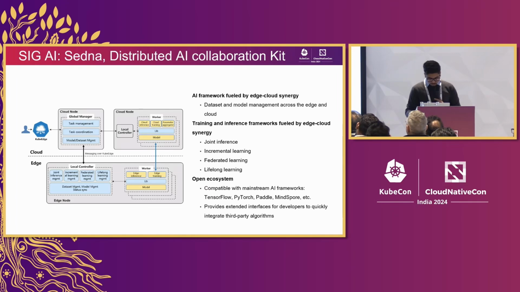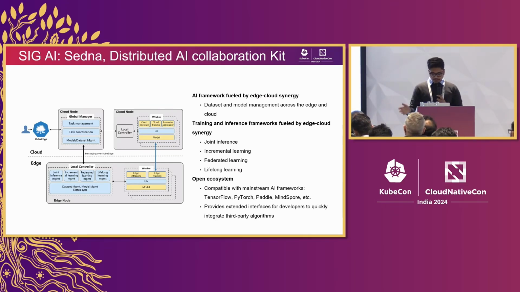And so because of this edge and cloud collaboration, we have the following training and inference frameworks. So we have joint inference, incremental learning, federated learning, and lifelong learning. I'll talk about these individually.